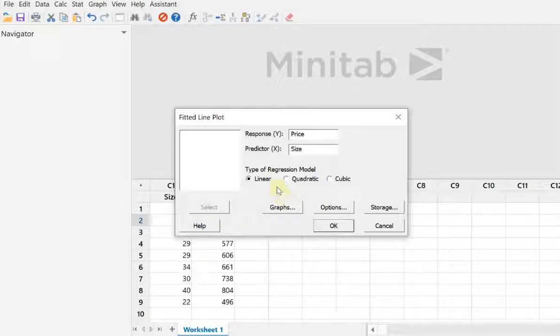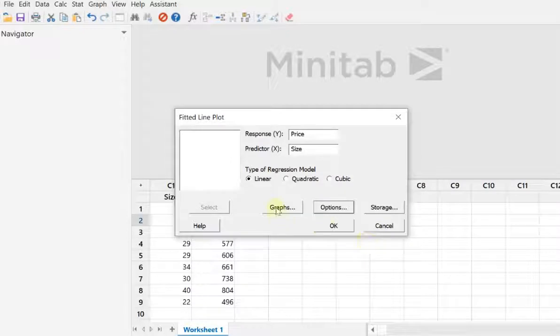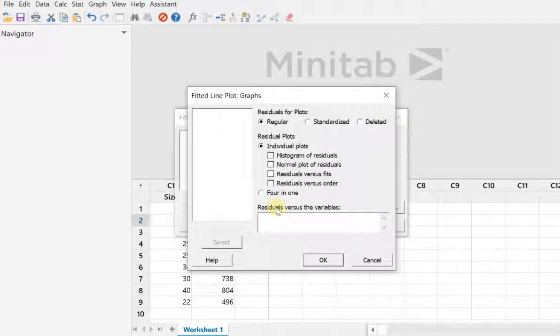Anyways, so here are the types of regression models. Notice this is polynomial: linear, quadratic, cubic, first, second, third degree. Because we're working with a first order model, ours is linear. Now some of the options here you have, there you go, you can see this. Don't worry about these options, leave them alone. And the graphs here also, you have options on the graphs.